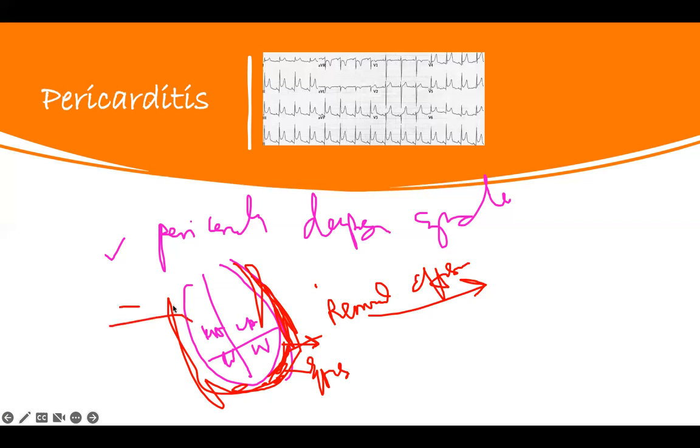All the blood that was trying to get to the right ventricle couldn't. Now all the blood rushes to the right ventricle. If it rushes to the right ventricle, what happens? It pushes back on the left ventricle. So it's the opposite of what was happening when they were in trouble.